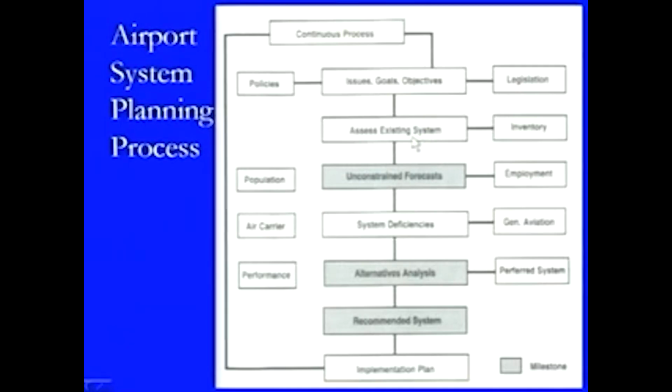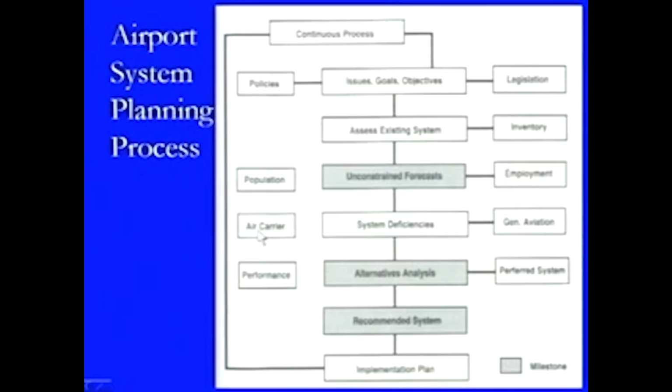Then we assess the existing system, what facilities are being provided, and then we have to make the forecast, which should not have constraints, and it is obviously related to population and employment. Then the deficiencies need to be identified, and these deficiencies may be in terms of general aviation, or in terms of a specific air carrier.